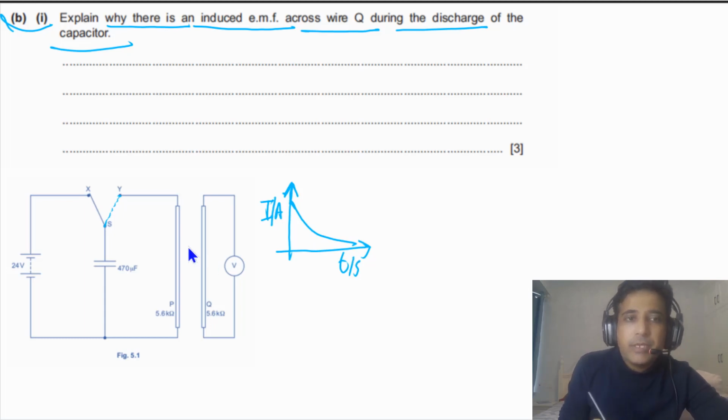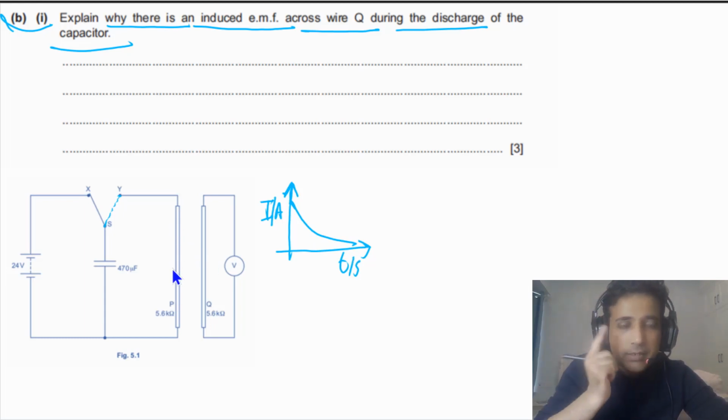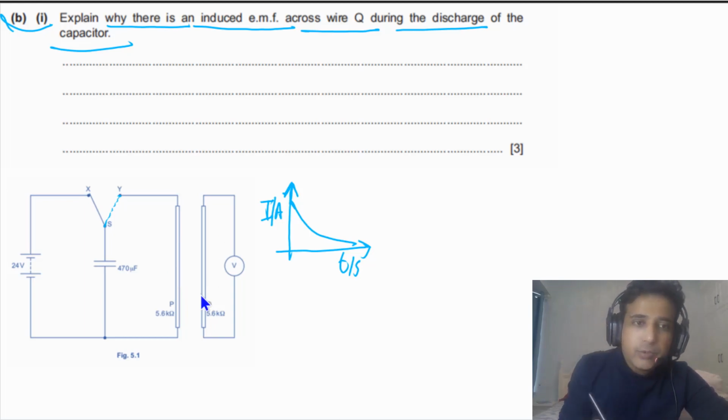As current in this wire is decreasing and there is current in the wire, there is a magnetic field around this wire. So wire Q is placed inside the changing magnetic field of wire P. It means there is a change in the magnetic flux.